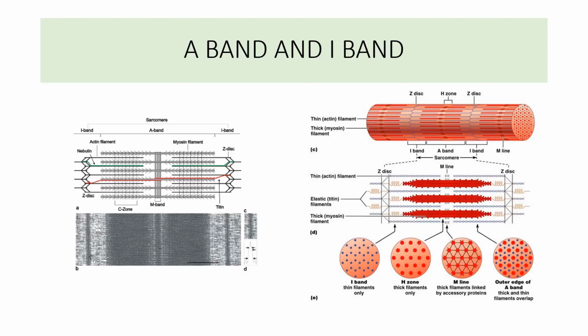Whereas the A band is known as the anisotropic band, and plane polarized light cannot pass through it because it is formed by both thick and thin filaments.